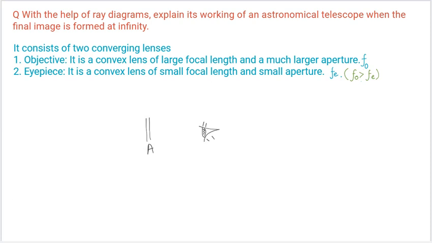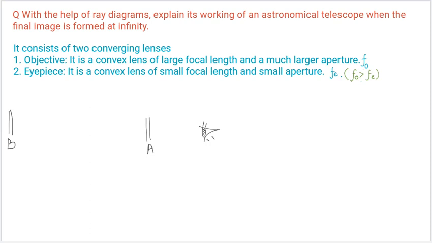The object B is very far from your normal human eye. You can see the distance here, but in the actual case it will be very large.